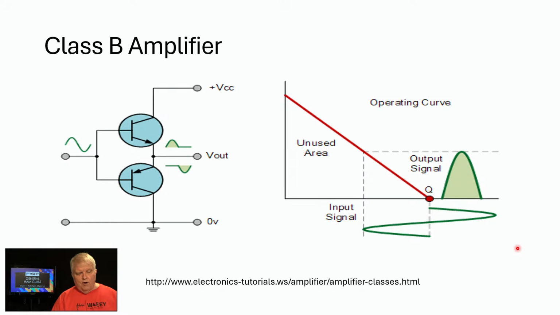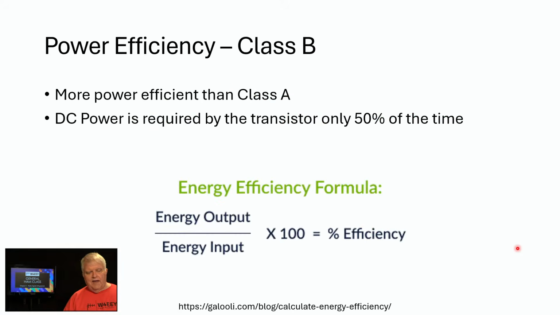This is more efficient than a Class A because the DC power is required by that transistor only 50% of the time. Now there are some problems when it goes to 0 and it switches over to the other transistor to pick up the slack. That crossover point is a place where you can get distortion.